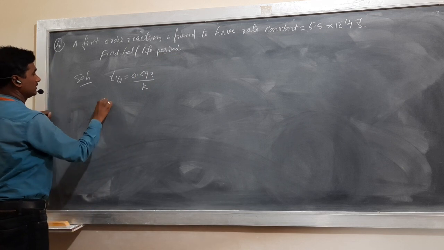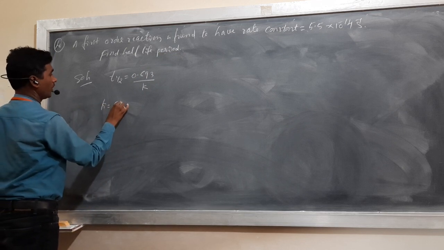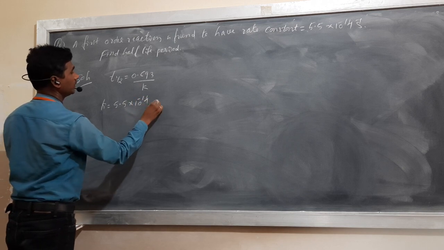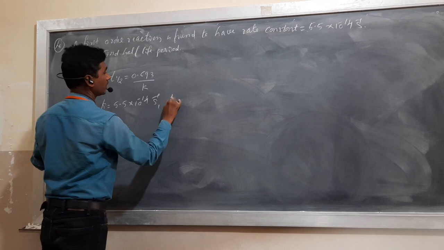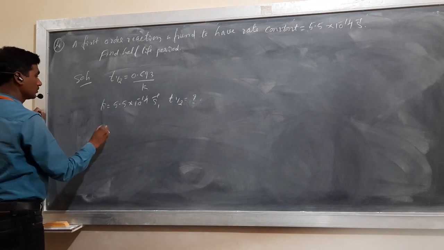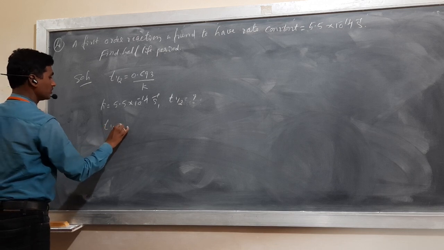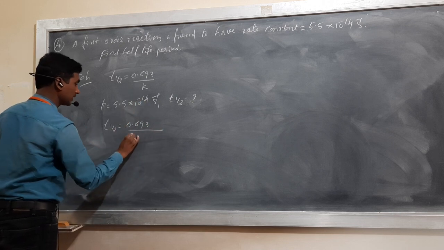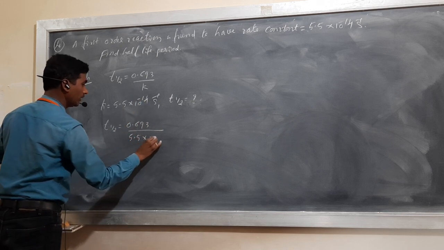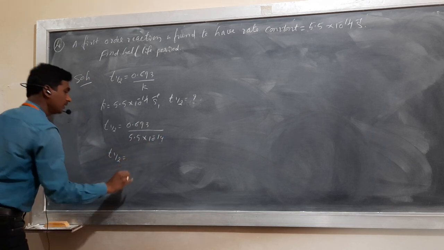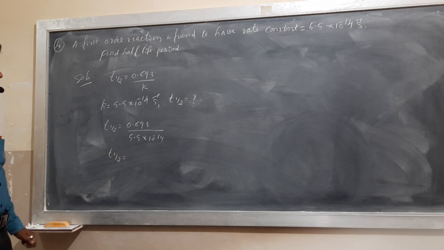So the rate constant is given. K is equal to 5.5 into 10 to the power of minus 14 per second. The question is to find the half-life period. So T half is equal to 0.693 divided by K. Now divide 0.693 by 5.5 into 10 to the power of minus 14.